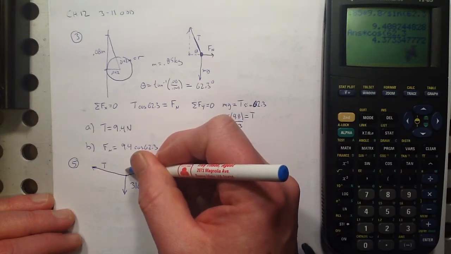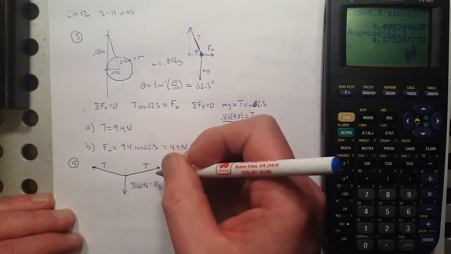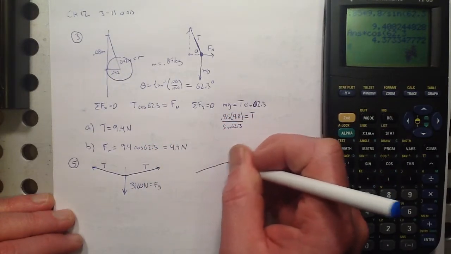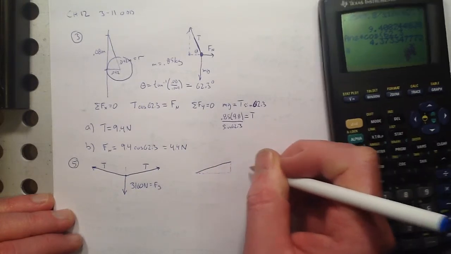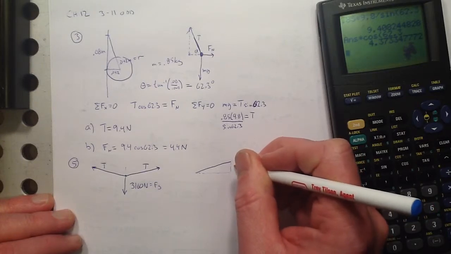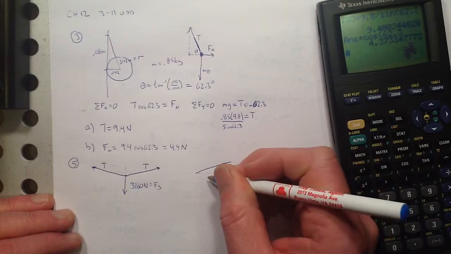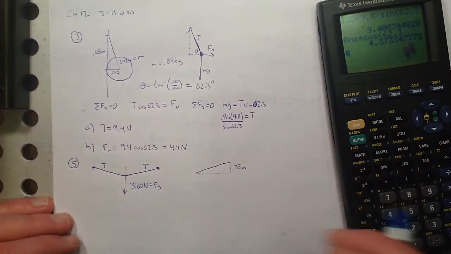And this distance that it sags here is, let me draw a triangle here. So here's half the rope. And I know that this distance is 0.35 meters. And the rope is 3.44 meters.